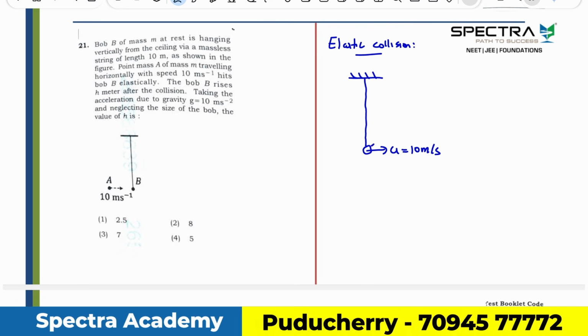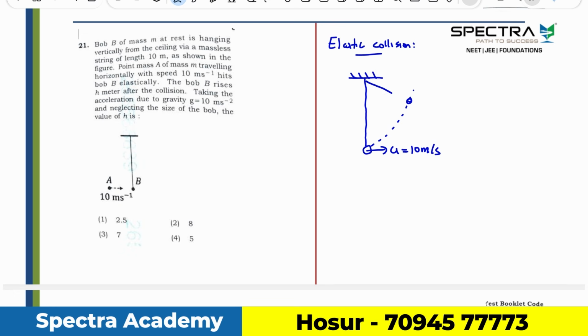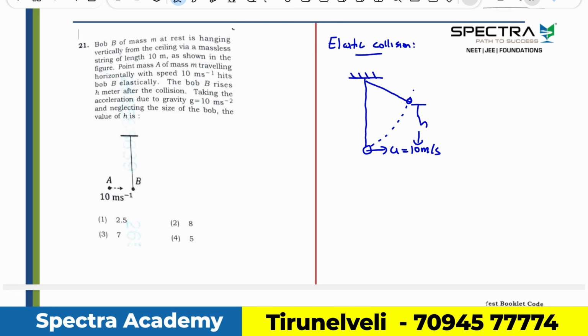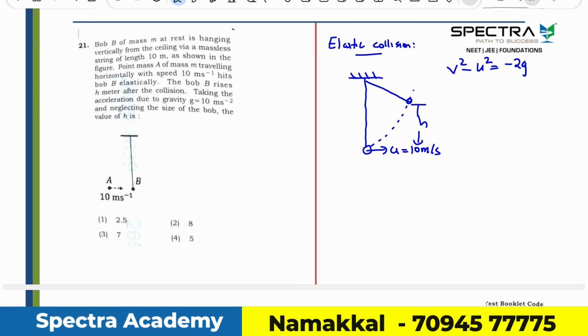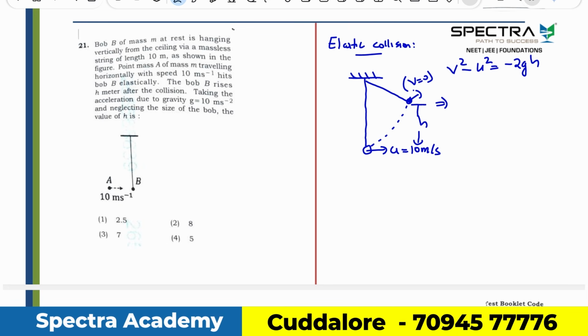Now I need to know to what height it will rise. I want to know the height to which it will rise. Then you have learned the equation v square minus u square is equal to minus 2gh. If I apply this, at this point the final velocity will be 0 only.